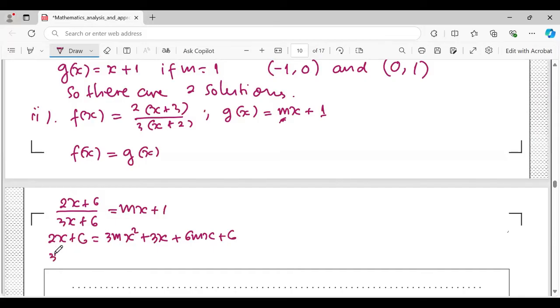So it is 3mx squared plus 6mx minus 2x and then plus 3x equals 0. The 6 and 6 cancel.